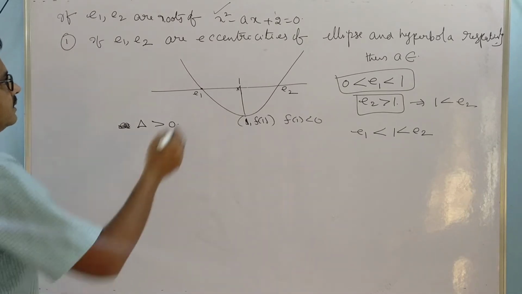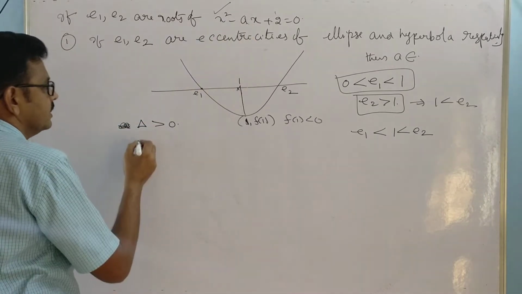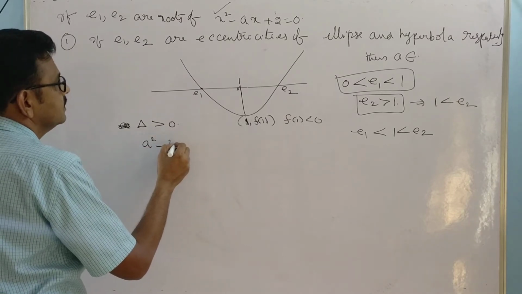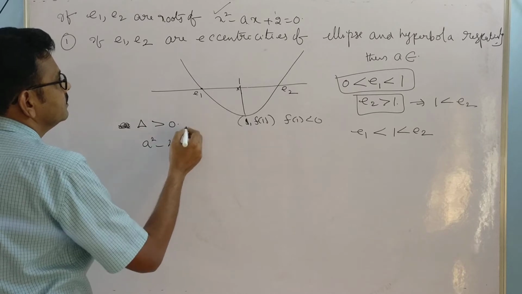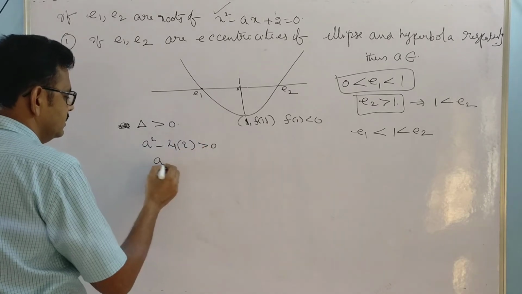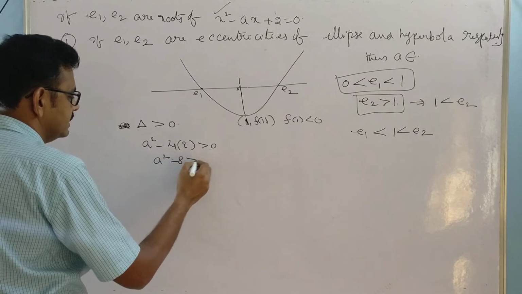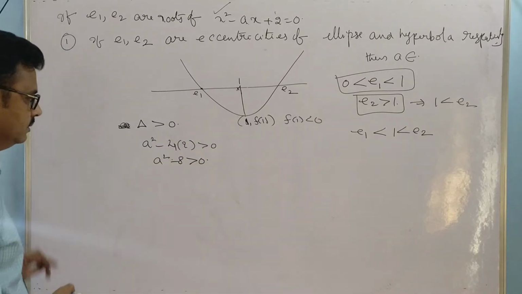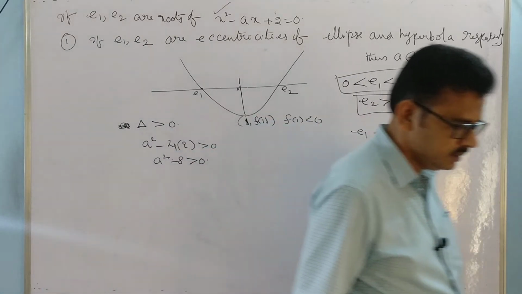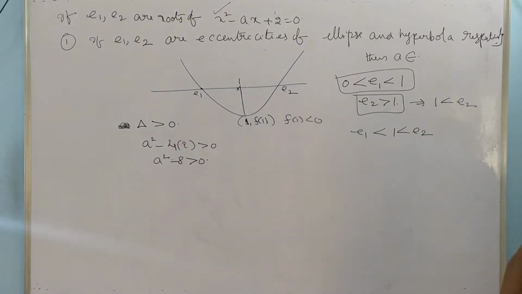What is delta? B square minus 4AC. B square is A square, minus 4 into 1 into 2, which is greater than 0. A square minus 8 is greater than 0. So delta is greater than 0, and one more condition is f of 1 is less than 0.